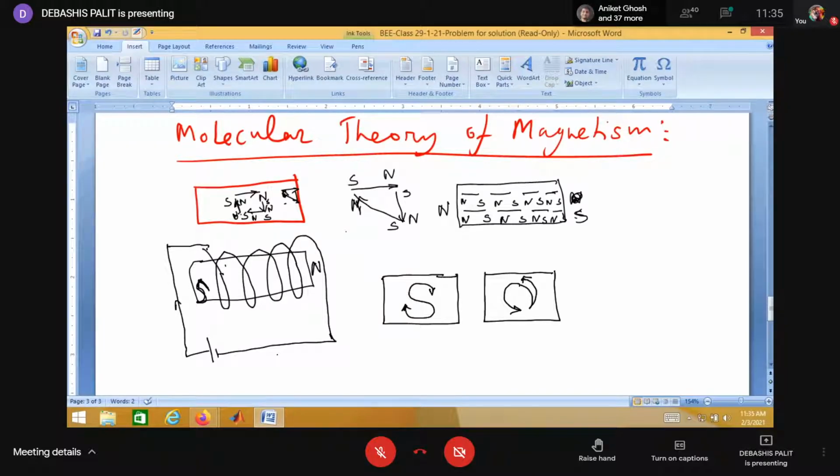So the temperature at which a magnet destroys its property of magnetism is called the Curie point. You know very well that it is the critical temperature above which the ferromagnetic material changes. There are different types of material: ferromagnetic material, paramagnetic material, diamagnetic material. Ferromagnetic materials are like iron, nickel, cobalt.